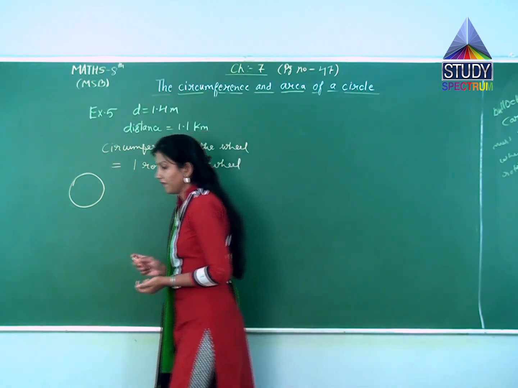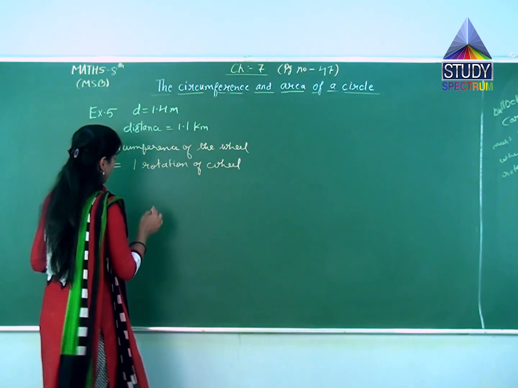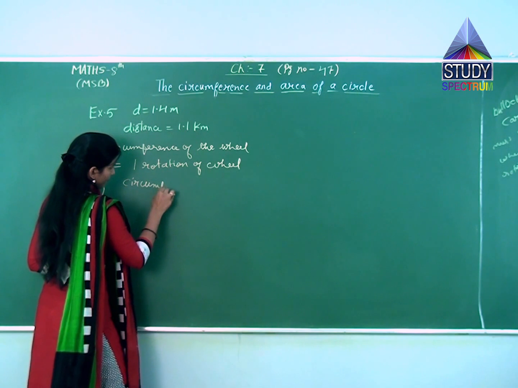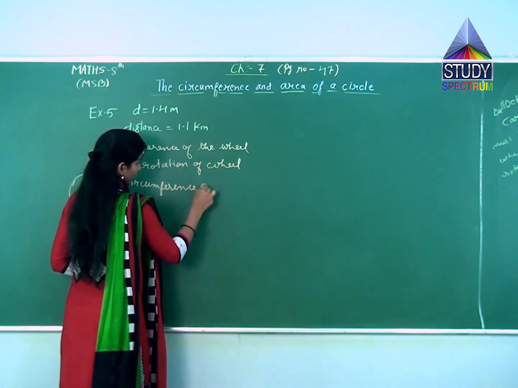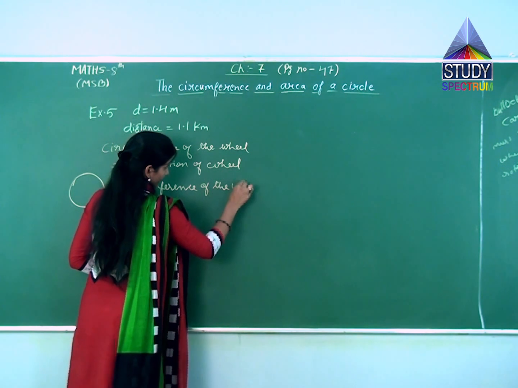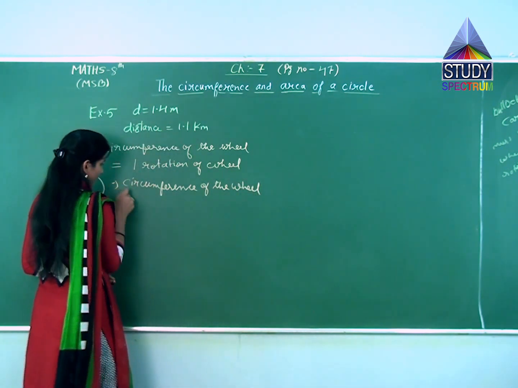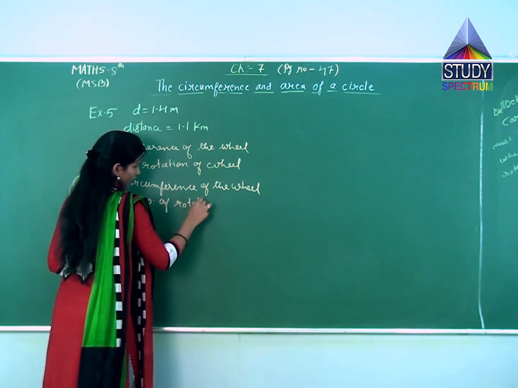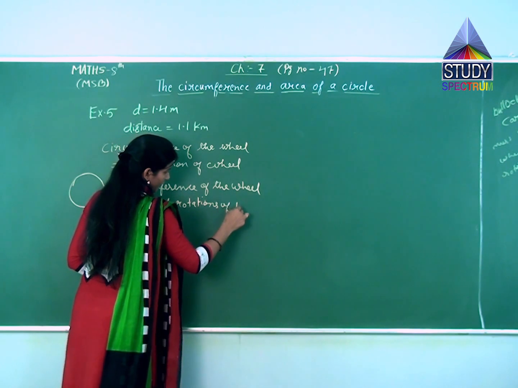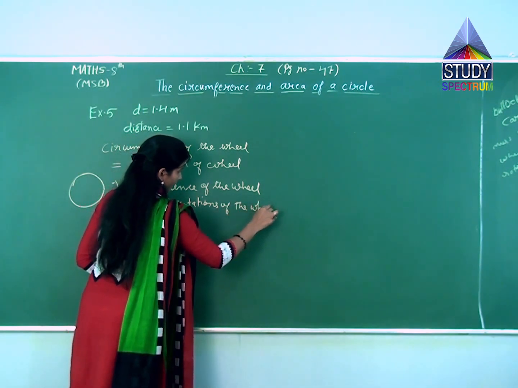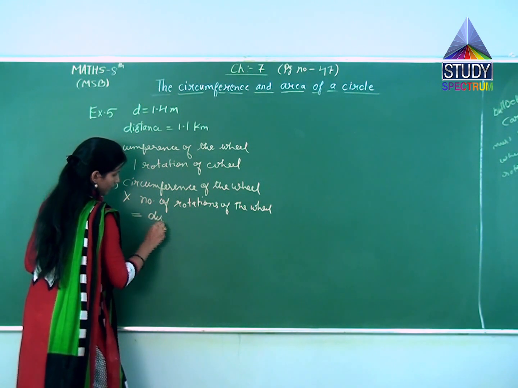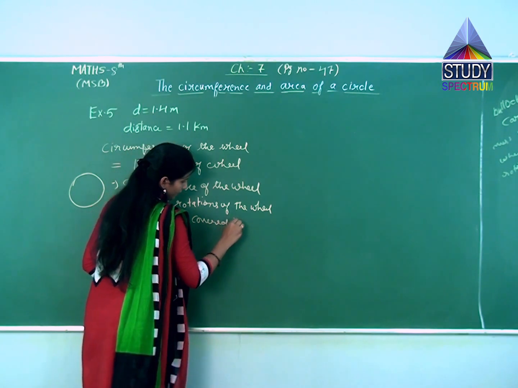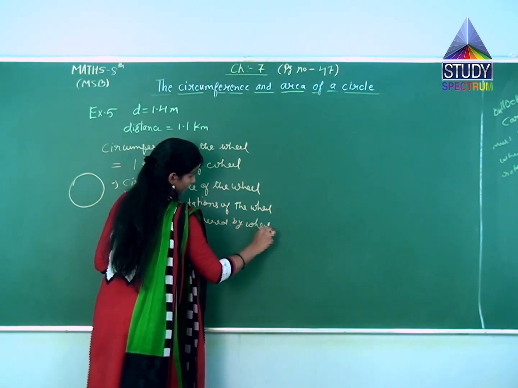So here we will write the circumference of the wheel into number of rotations of the wheel will be equal to distance covered by wheel.